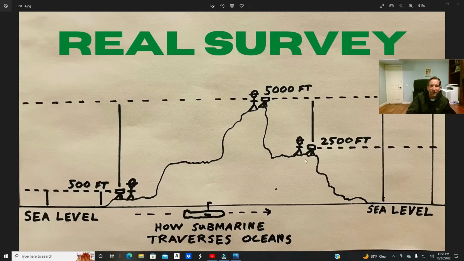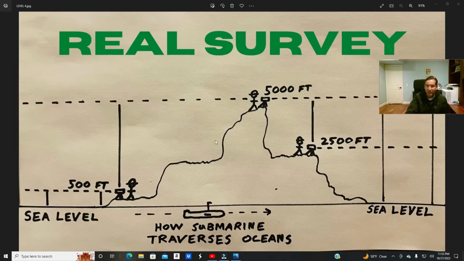This is how a survey works. Okay, straight lines, straight drops, flat sea level. Okay, this is reality. So that's it. That's a little study of real life surveys. All that stuff is based off of computer programs that were input from real life markers that real individuals put, and then they make these computer programs.